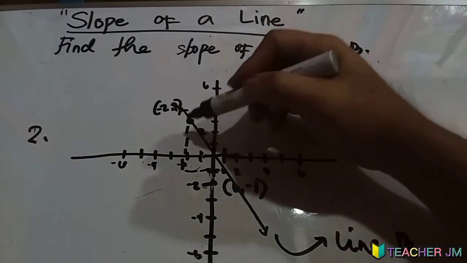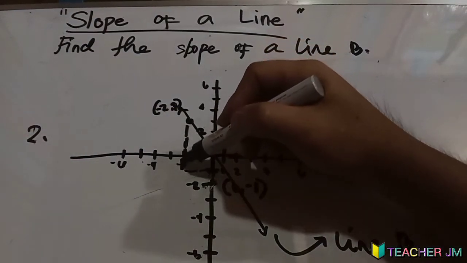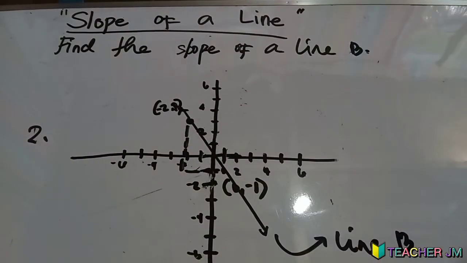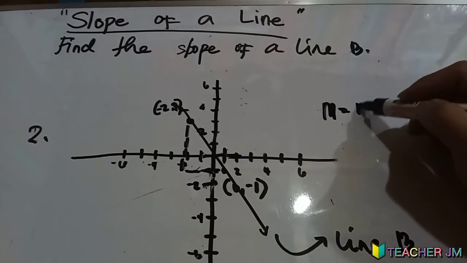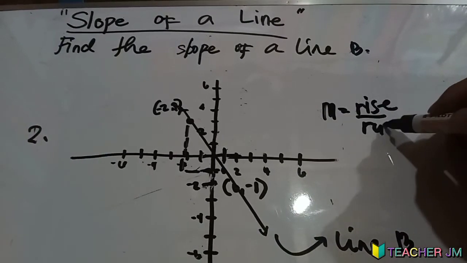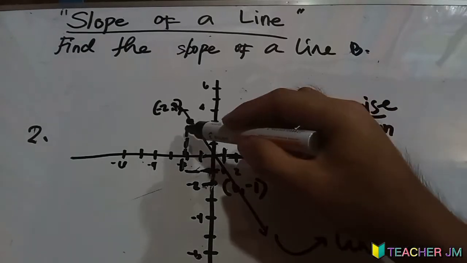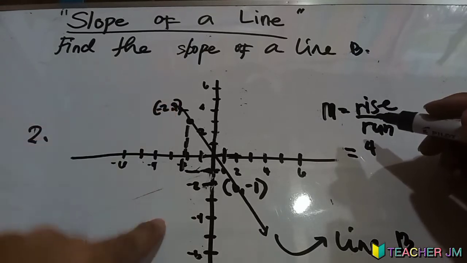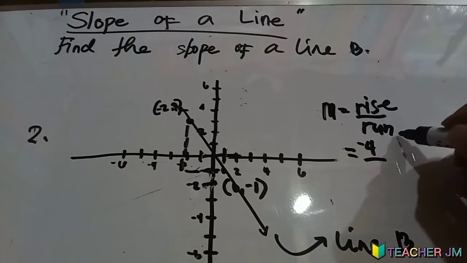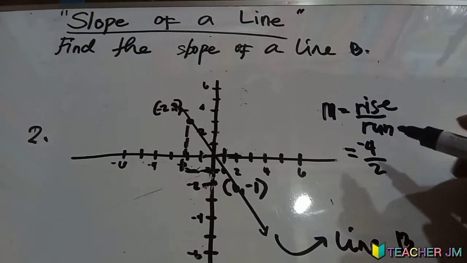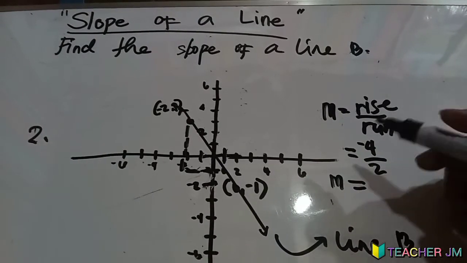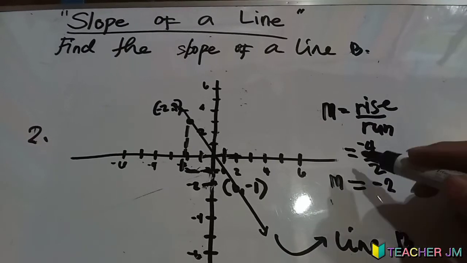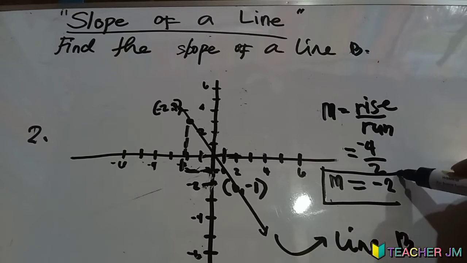So count po tayo ng 1, 2, 3, 4 at saka papunta dito is 1 and 2. So M equal rise over run. Our rise is 4, negative kasi papunta po tayo dito, over our run is 2. So M equal negative 4 divided by 2, so ang ating slope is negative 2.